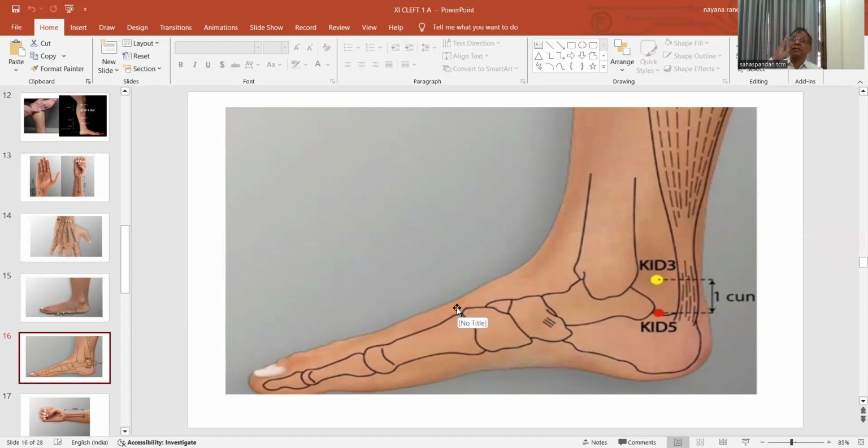So triple burner 7, triple warmer 7, Sanjiao 7, triple heater 7 are all names of the triple warmer. That triple warmer 7 has no relevant indications and seems to have been little used in clinical practice.